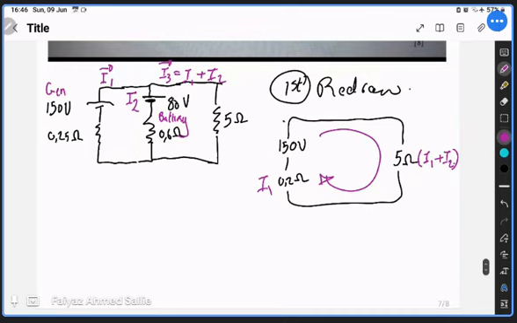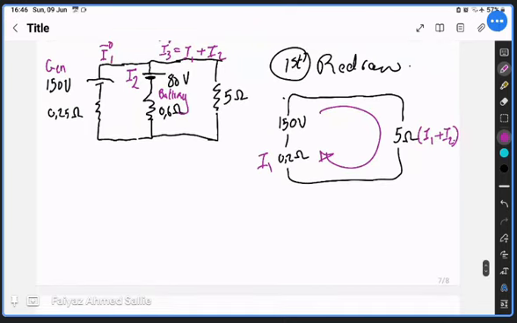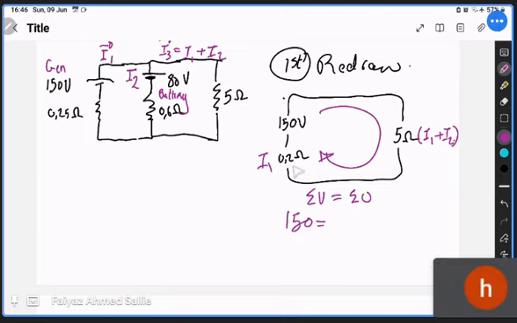Let's do the maths. We know that's conservation of energy: the sum of the voltage should equal the sum of the voltage. Our voltage here is 150 volts, and our voltage here should be I1 multiplied by the internal resistance of 0.25, right?